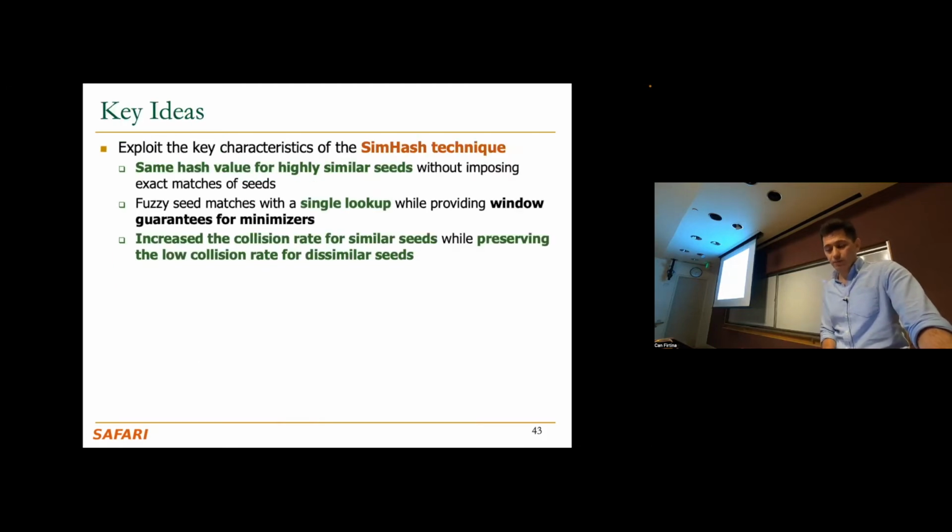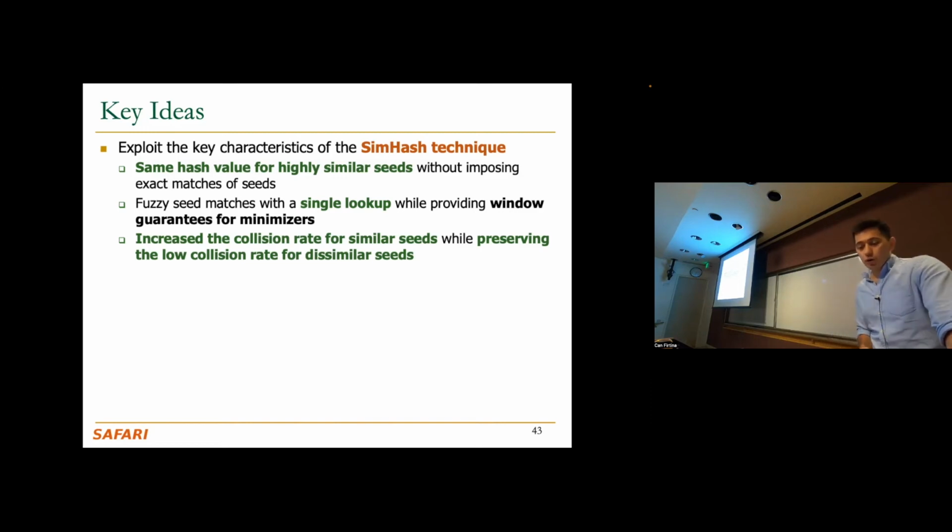The key idea in BLEND is to exploit the key characteristics of the SimHash technique. I'm going to mention more about the SimHash technique later on. Using the SimHash technique, we can generate the same hash value for highly similar seeds without imposing exact matches of seeds.